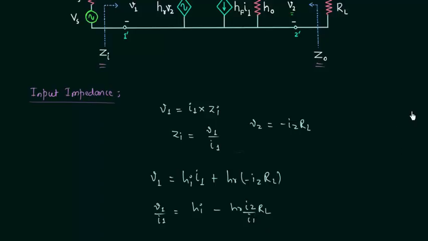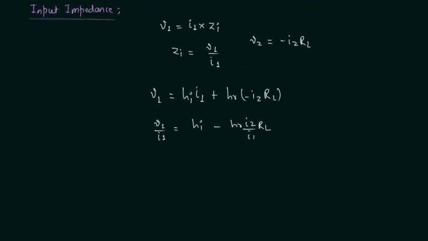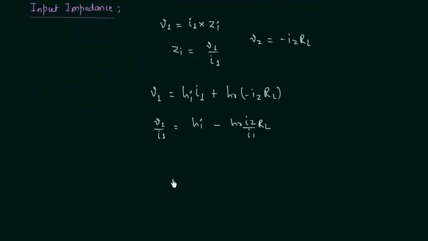I2 divided by I1 is equal to minus of AI. So we have V1 divided by I1 equal to Hi plus HR AI RL, because AI is the current gain and it is equal to minus of I2 divided by I1.